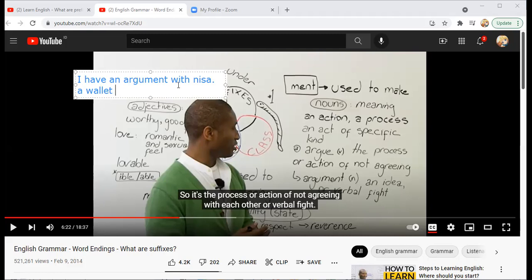Sebuah dompet. An argument, sebuah argumen. With Nisa, dengan Nisa. Ini juga bisa menjadi suatu like clue, petunjuk bahwa dia adalah noun. Because wallet, dompet, is a noun, right? Itu kata benda kan? Oh, is an article. That's why.